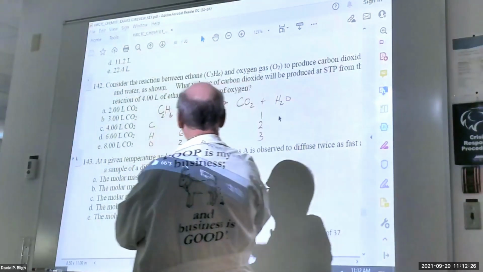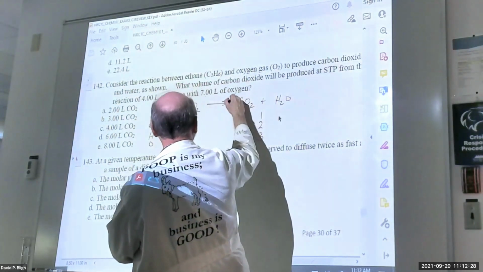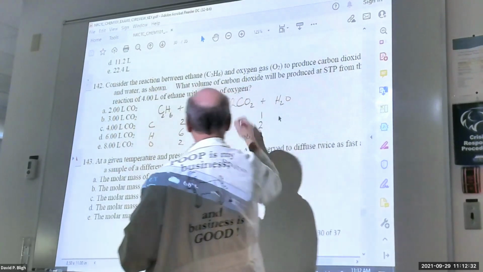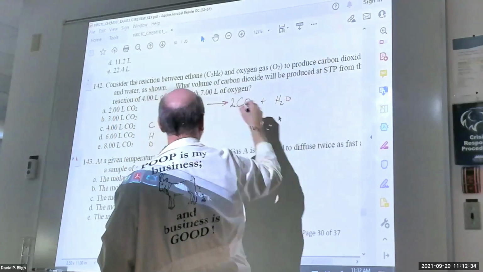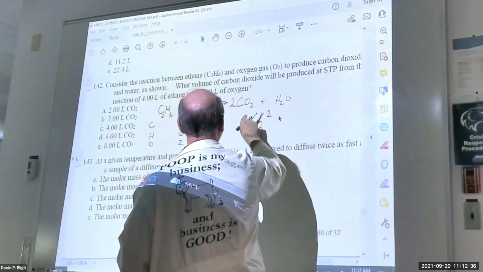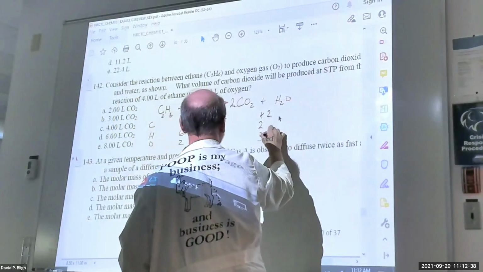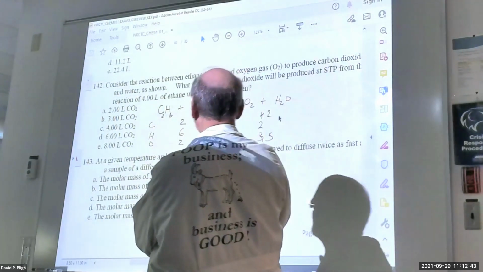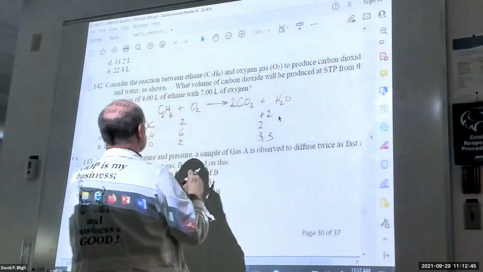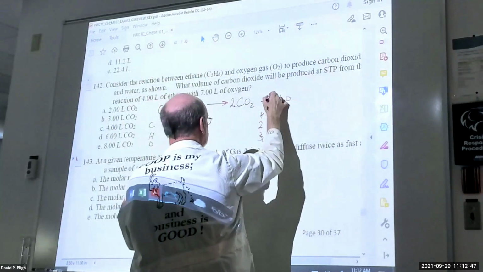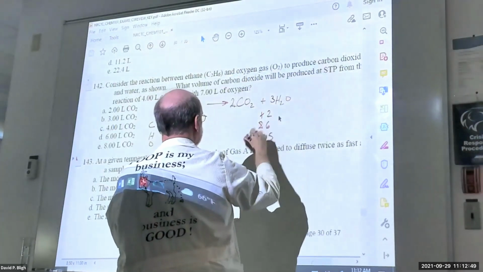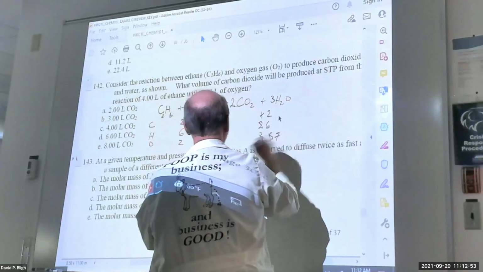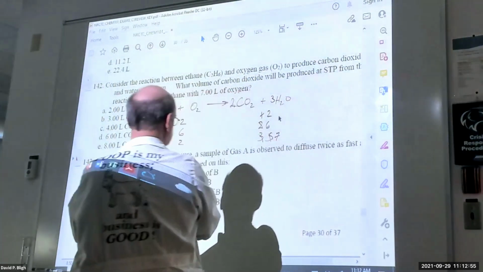Okay, so let's balance the carbons first, simply because I don't see any reason to start anywhere else. So that's 2 here. That yields 5 oxygens, correct? Now let's balance the hydrogens, 6 hydrogens. So 3 of those make 6 hydrogens, plus 3, 4, 7 oxygens.